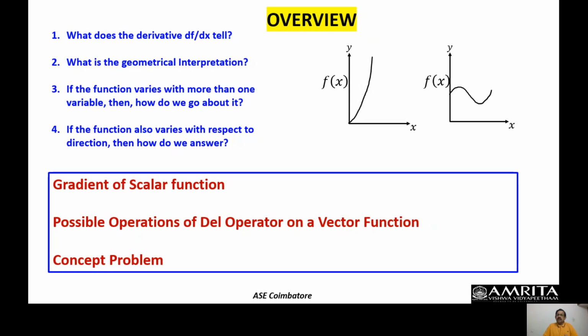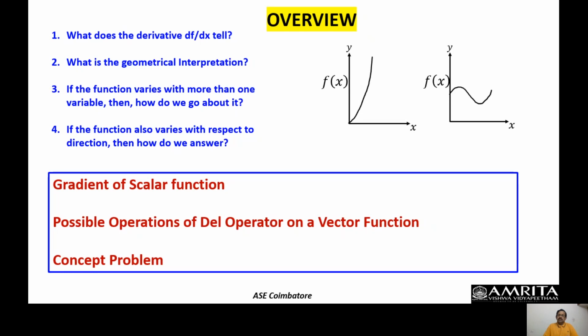So we are going to get either del T, where T is a scalar function, that will be the gradient, and the second one you are going to get is del dot V, where V is a vector function, so it is operating in a dot fashion. Then we are going to get del cross V, which operates in a cross operation.